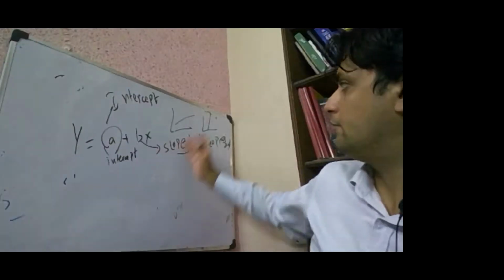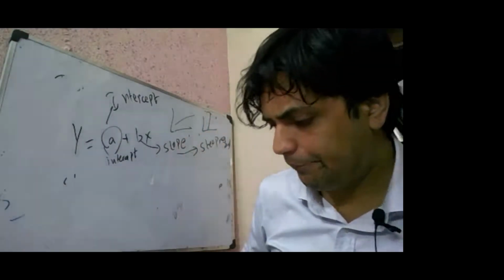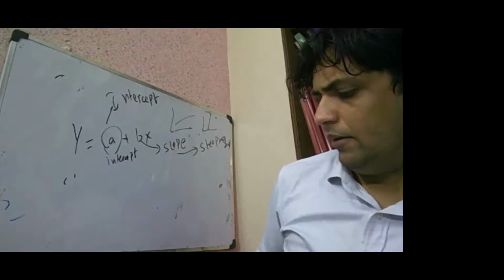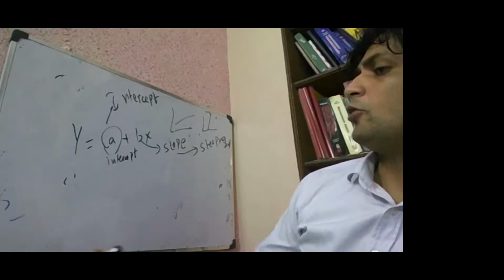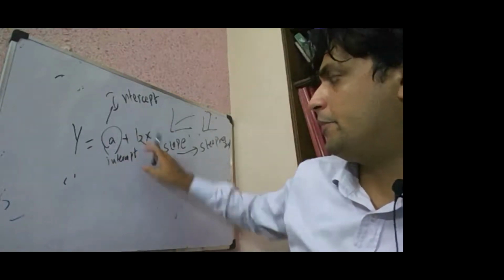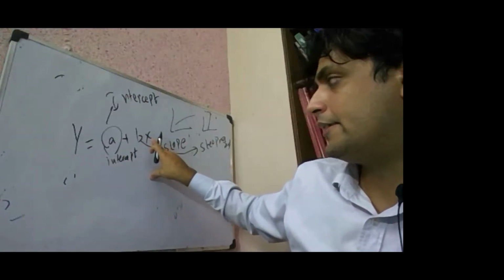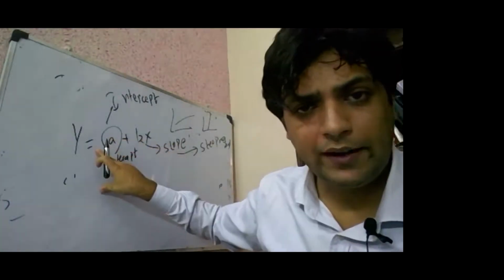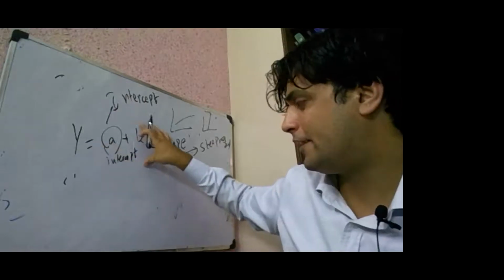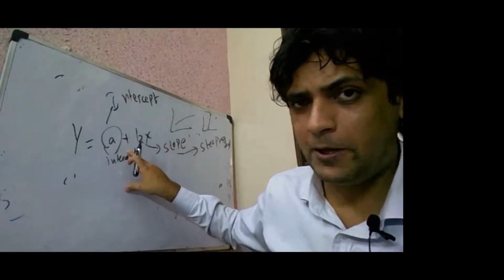Slope is the steepness. Like this is the slope. Here the slope is this, and here it's a bit steeper. We also call a the coefficient and b the parameter. So b defines that an increase in x will give a b increase in y, right? And if there is nothing, y is the price of a.